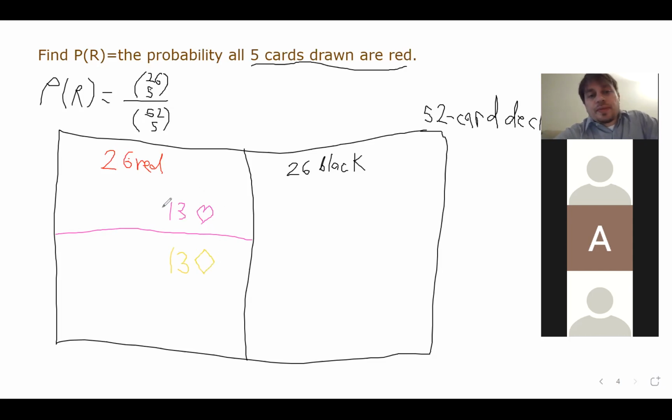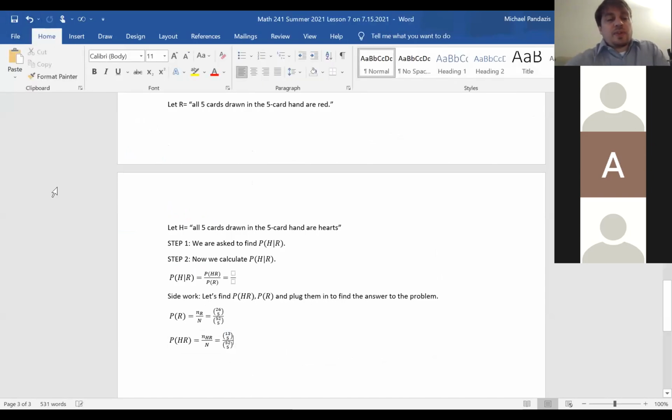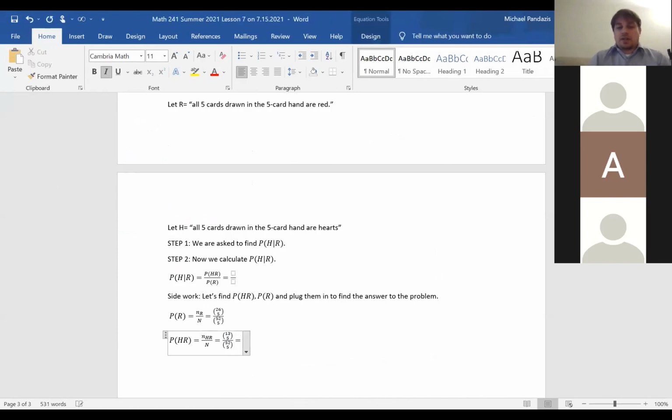So 13 of them are hearts, and this is what we care about. There are 13 total cards in the deck that are hearts. So of the 13 cards that are hearts, the number of 5 card hands that are all hearts is 13C5. We just want all the ways to choose 5 out of the 13 that are hearts.